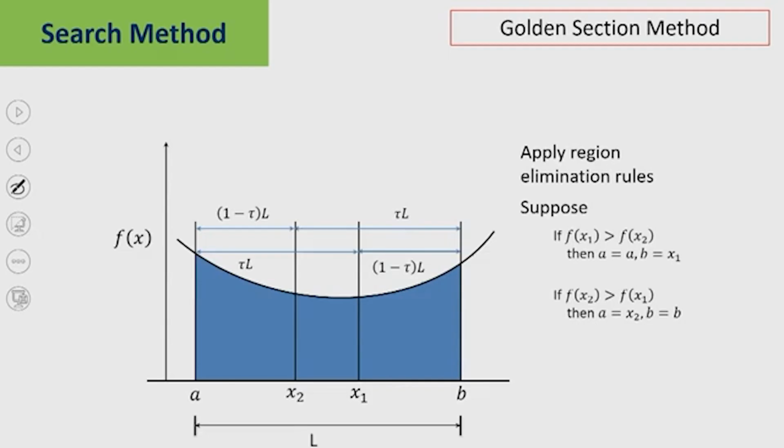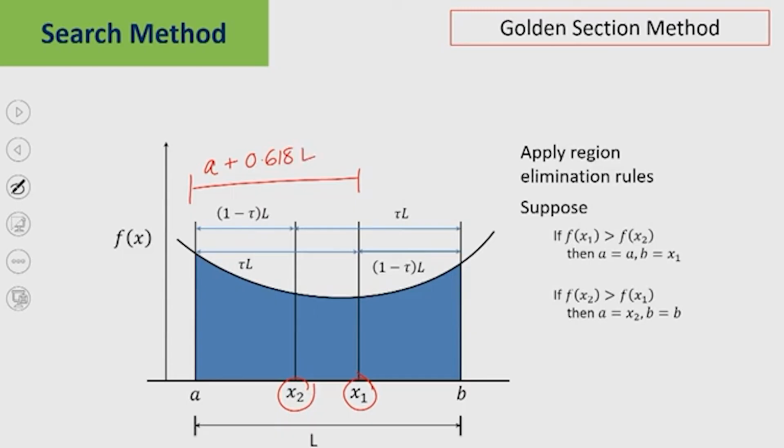The next method is the golden section search method. In this case, what we are doing? We are taking 2 points, that is x 1 and x 2. What is x 1? x 1 is A plus tau L, where tau is 0.618.